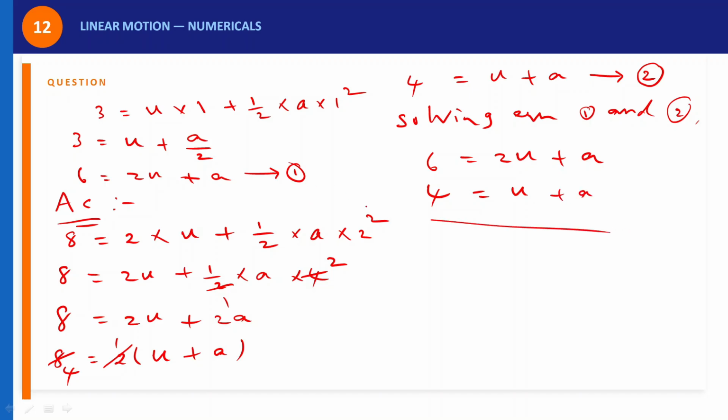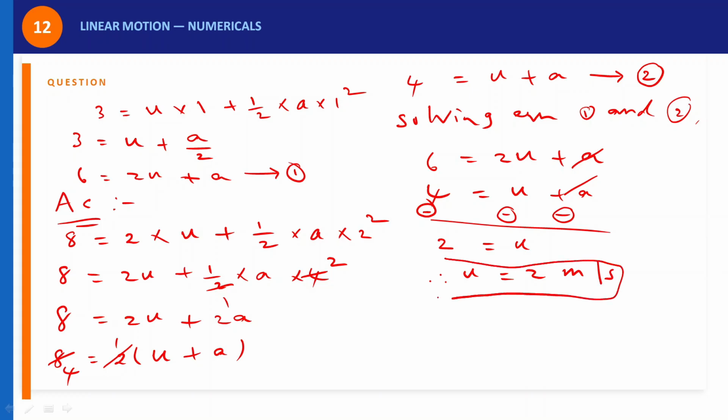Subtract, so this is minus, minus and minus. Plus a minus a will get cancelled. 6 minus 4 is 2. 2u minus u gives u. So the initial velocity of the body is 2 meter per second.